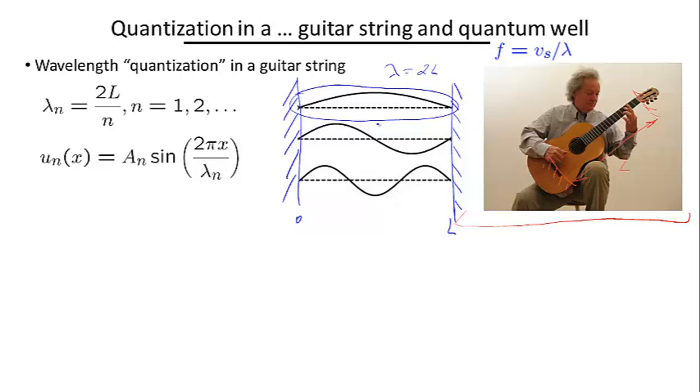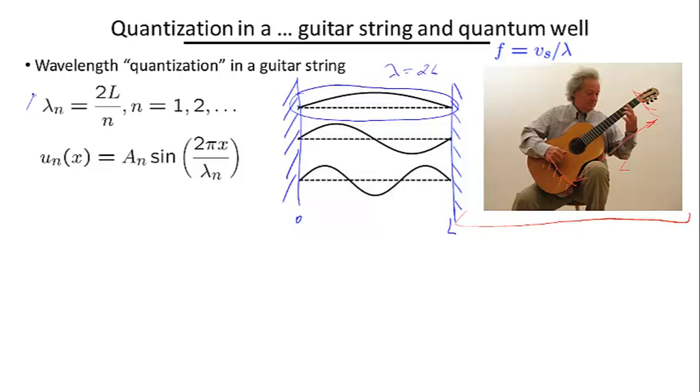But there are of course many more wavelengths that are possible that would satisfy the proper boundary conditions, and we can find these additional wavelengths, or higher harmonics as they're called, by putting additional nodes in between these endpoints. And so for instance, this example gives us a wavelength which is exactly equal to L, the distance between the endpoints. And we can continue this procedure and generate many more wavelengths.